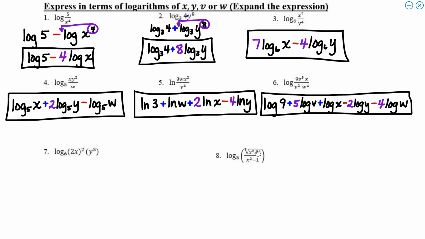So just kind of going through what my mind would be doing here. I would have log base 5 of z to the 6th minus, and then I would condense this piece down using my product property. And I see that addition right there. It's going to be log base 5 of x to the 7th, y to the 8th.